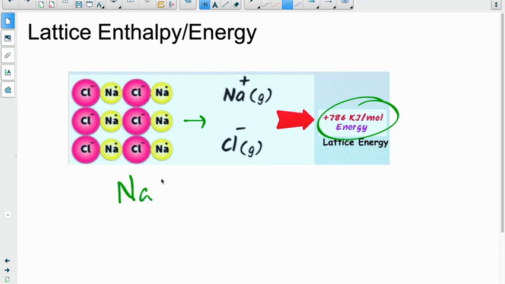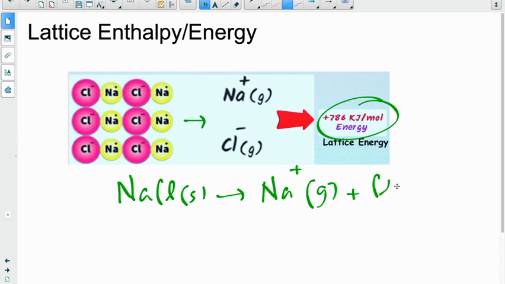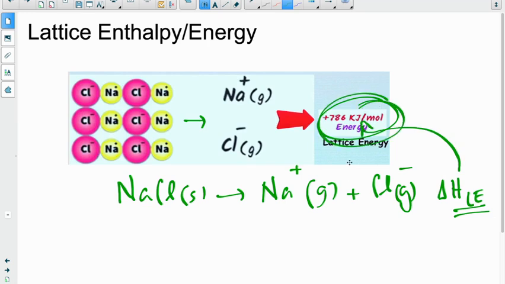We can show this with an equation, and this is typically how we show the equation for lattice enthalpy. And the enthalpy change that is associated with this would be labeled lattice enthalpy. This value right here is already there, and that's what Born-Haber cycle is interested in.